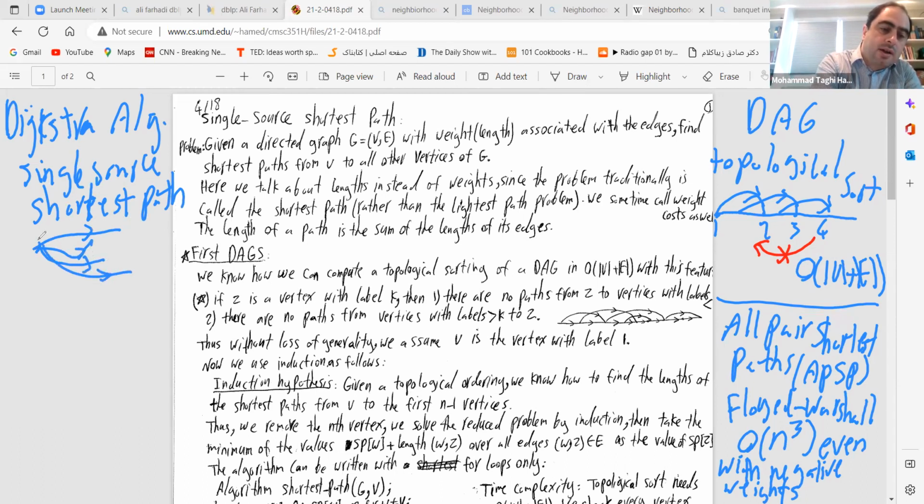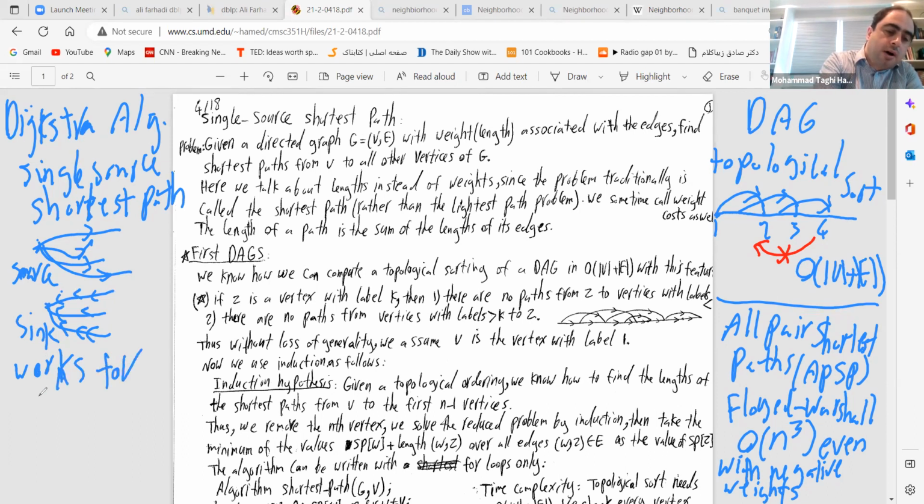That is from the single source, and this is the source. I mentioned that a single sink is the same problem because you can just reverse all the directions of all edges, and then single source and single sink would be the same algorithm. So this is the Dijkstra algorithm for single source shortest path, and this one works only for positive weights.